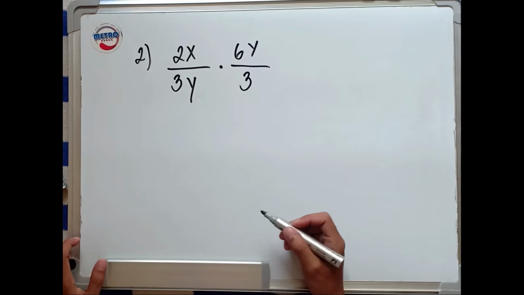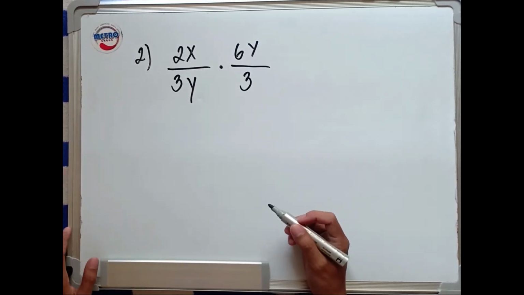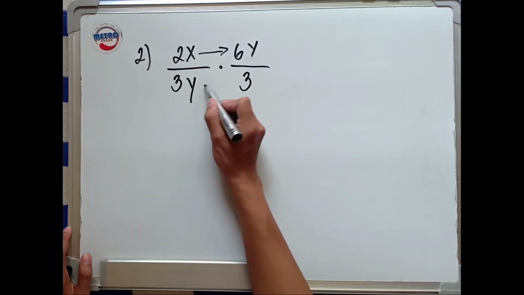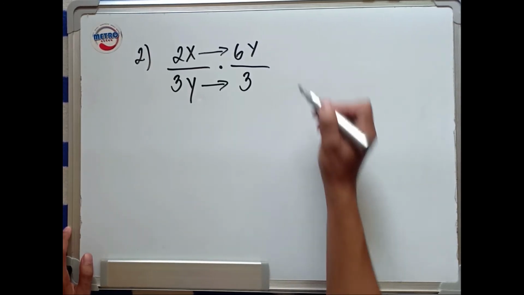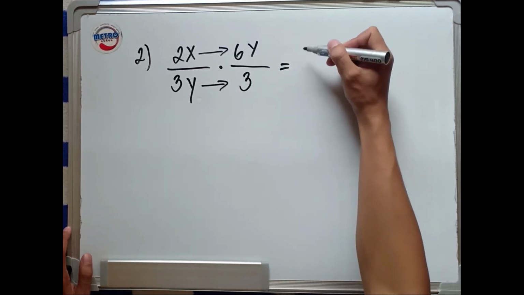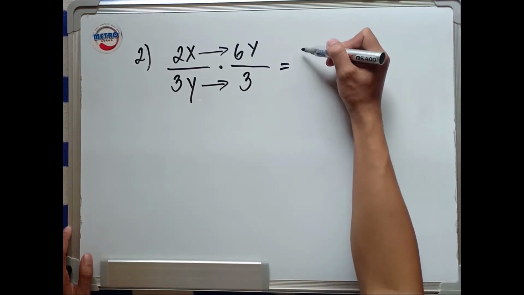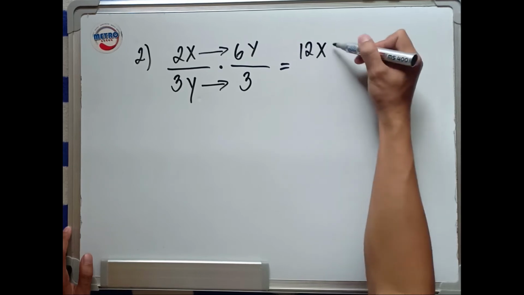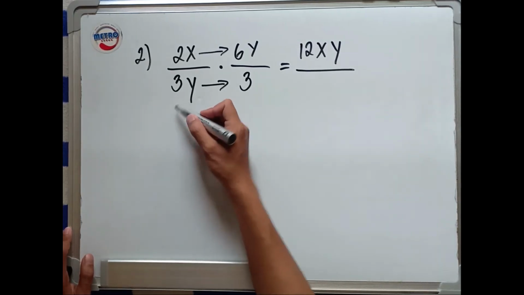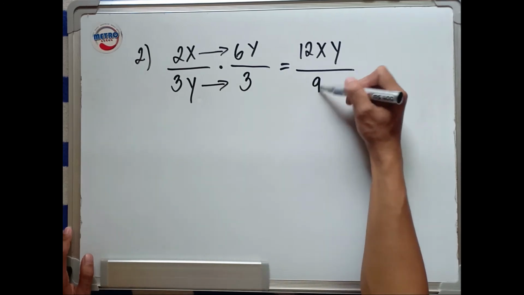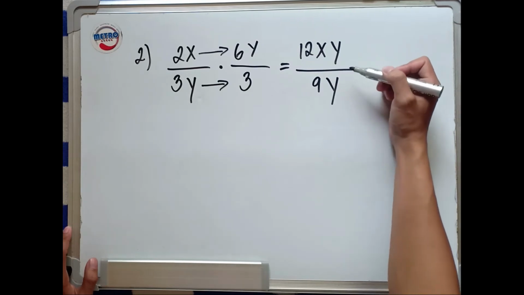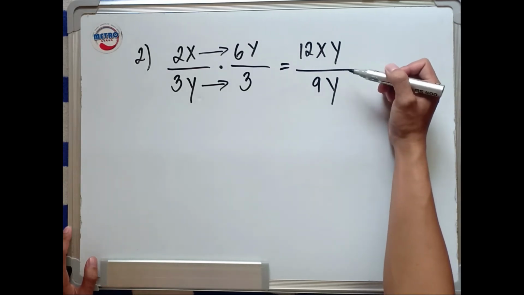So again, when we are multiplying fractions, we multiply numerator to numerator and denominator to denominator. So we have 2x times 6y. So 2x times 6y is 12xy. And for our denominator, 3y times 3 is 9y. Now, the product can still be simplified.